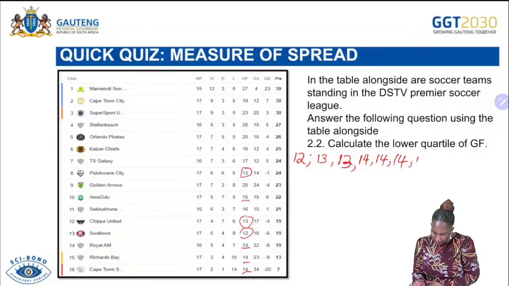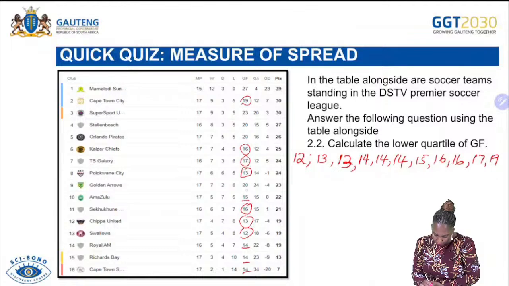We have 15 in the data set, and then after 15 we have 2 16s. Can you see, it's 1, 2? So we have 16, 16. And then the next one will be 17. Let's be quick. We're done with 17. We have 19. From 19, we have 20. How many?